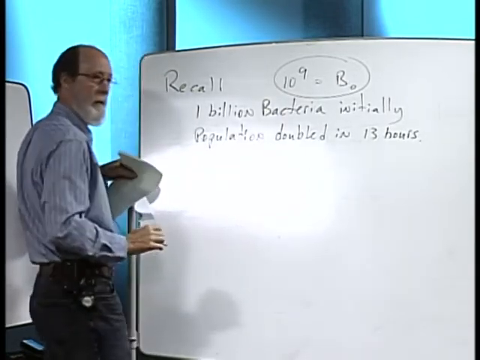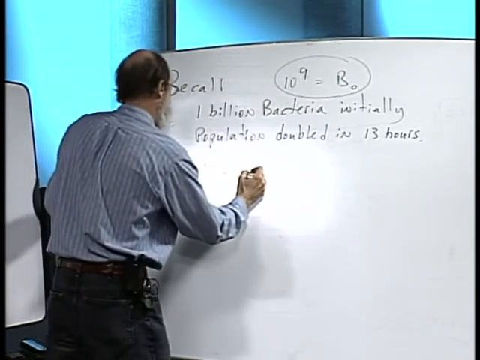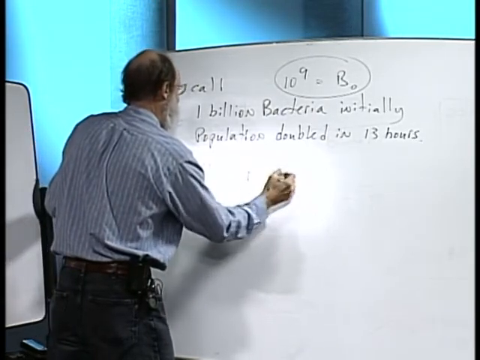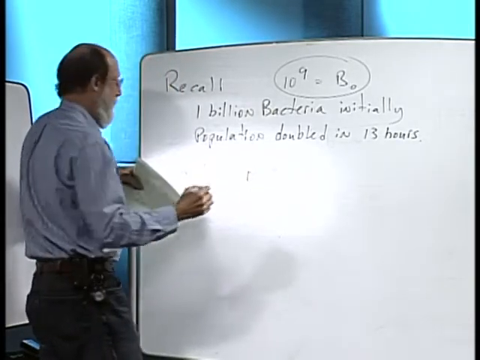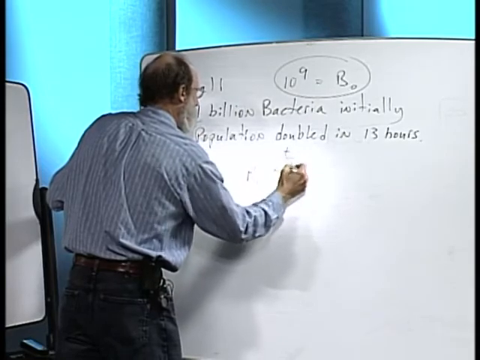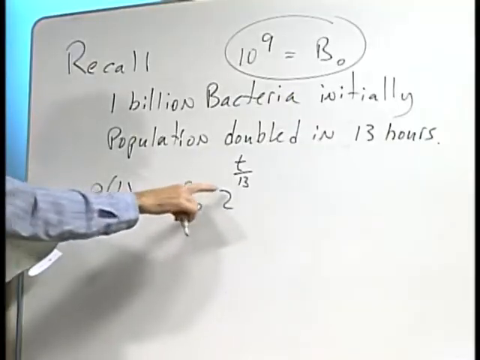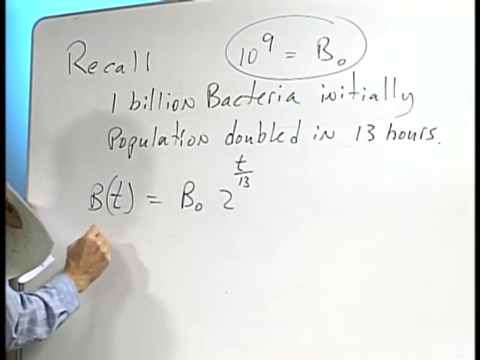So what we did in last session is we built a model as a function of time. Bacteria as a function of time was equal to the initial population, B naught, and then we used a base of 2, and we raised that to the time divided by 13. And the reason we did that for the exponent is because when we put in, well, let's do this first.